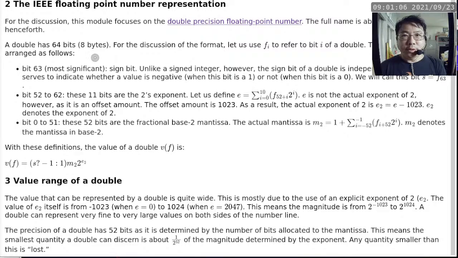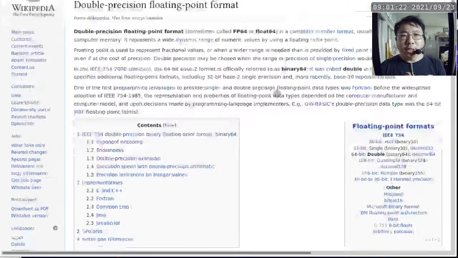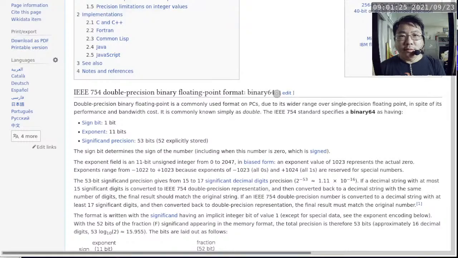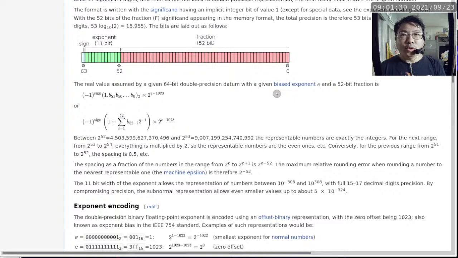So what I'll do is start reading this part here, and you're more than welcome to right click on this link so that you can go to a Wikipedia page. Why don't I do that? This is the Wikipedia page on the double precision floating point number format, and the most important part of their representation is the picture of how the bits are utilized, which I don't really want to reproduce. They have basically an equivalent explanation of how the bits are utilized compared to the explanation that I have.